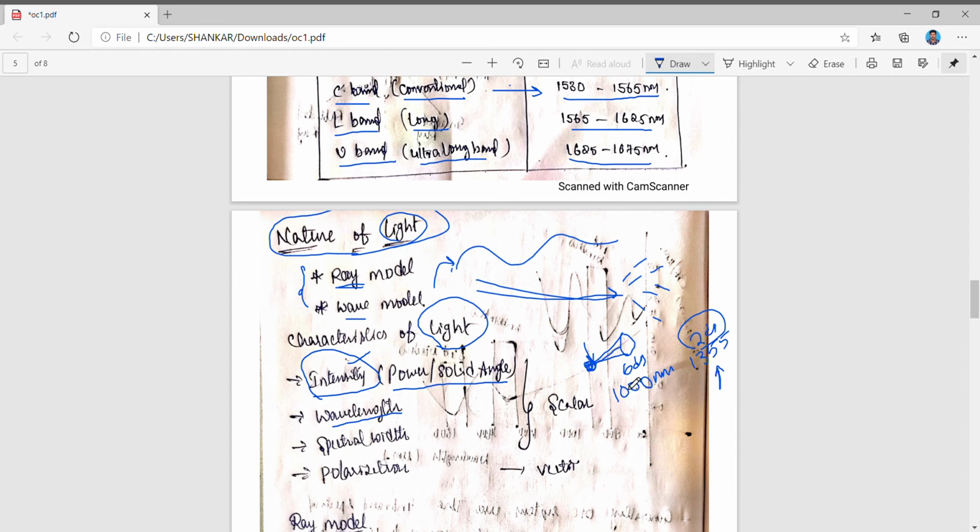Next one is the spectral width. The spectral width depends upon the data rates. Here, spectral means suppose we have different colors. Suppose, in my point of view, the red color I am choosing is a dark red color, but maybe in your point of view the red color is a light red.